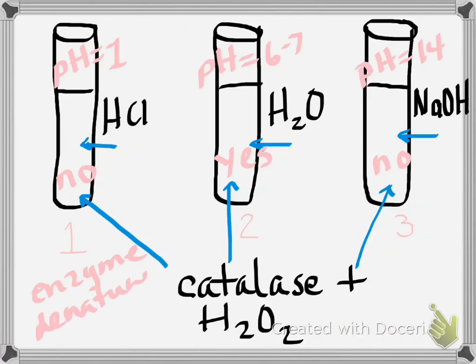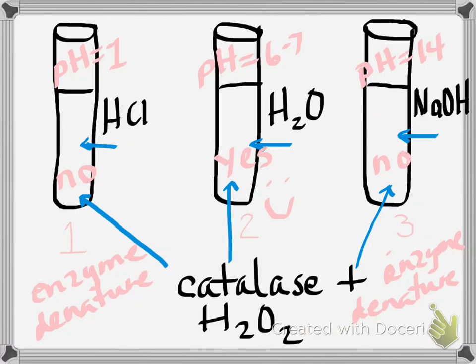They change their shape. So the enzyme denatured in 1 and the enzyme denatured in 3. But the enzyme worked in test tube 2 because that was the optimum pH. It was the pH it liked the best.